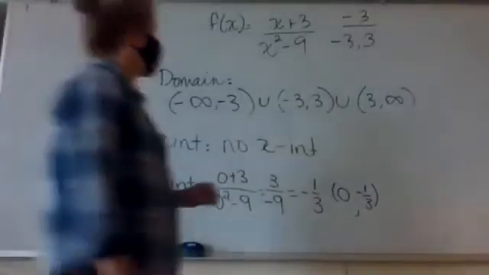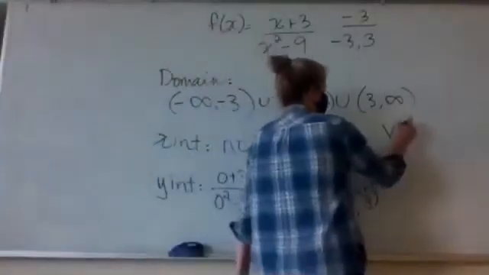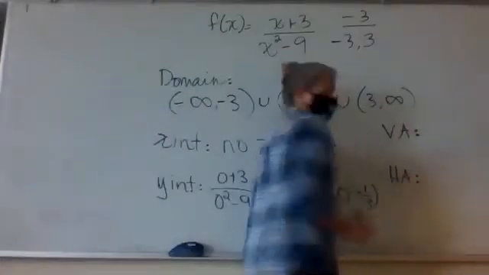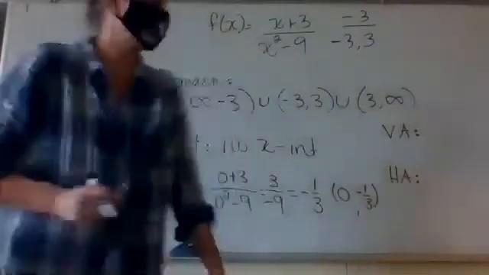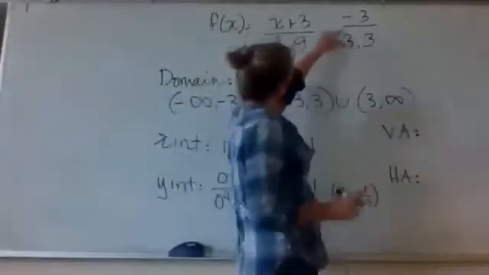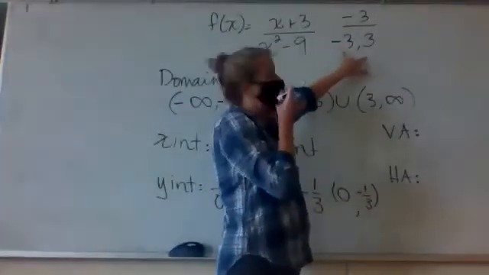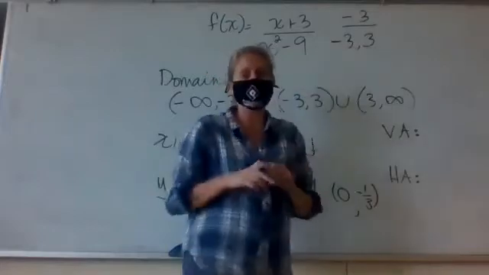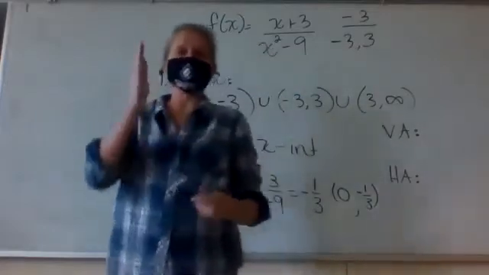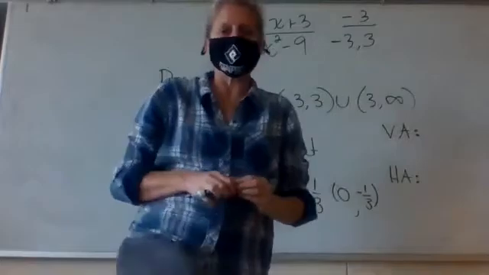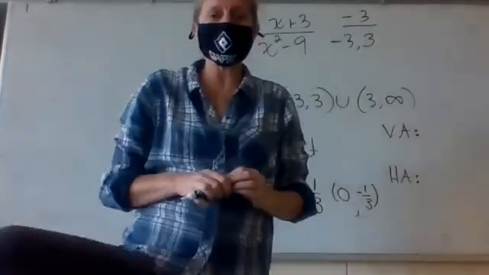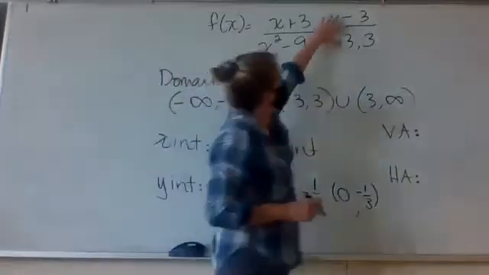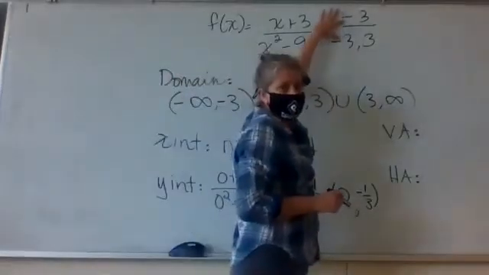Now let's find the vertical and horizontal asymptotes. Vertical asymptotes, again, coming from my zeros. The zeros of the denominator are -3 and +3. But remember, you're only a vertical asymptote if you are a zero of the denominator, but not a zero of the numerator. So which one of these is not a vertical asymptote? The -3.